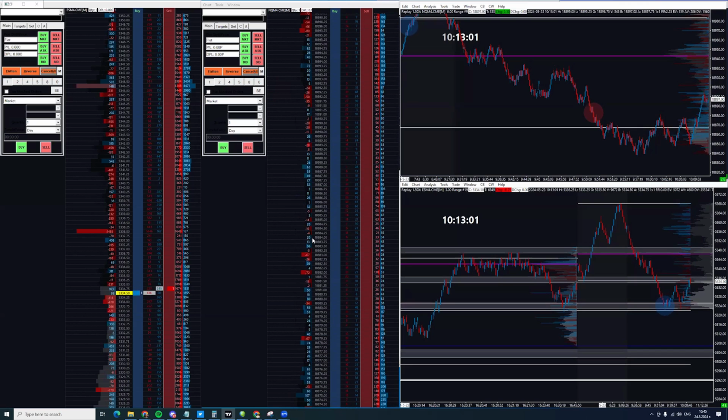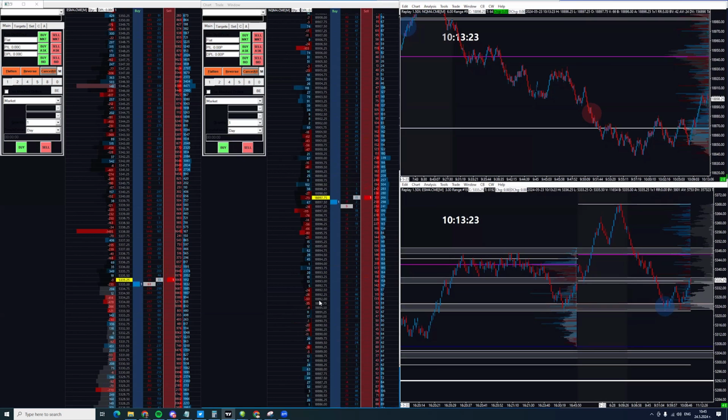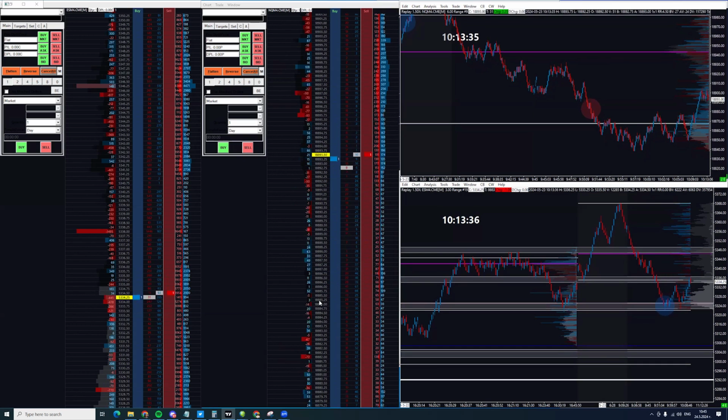S&P starting to get a little weak around that 36, 37. NASDAQ getting a little weak around that 900.